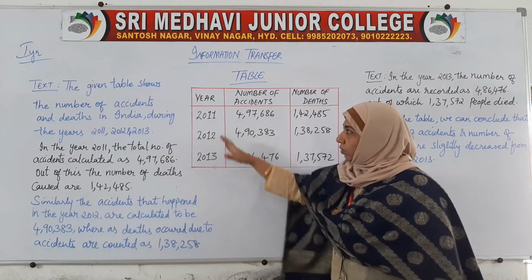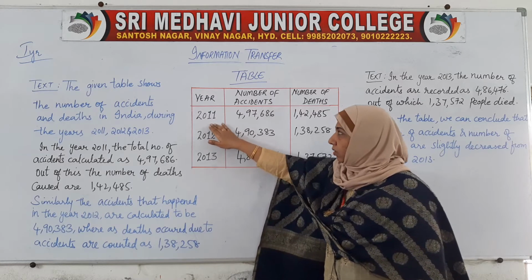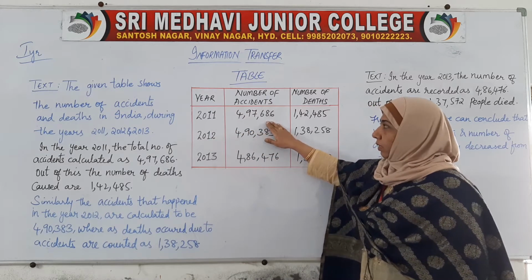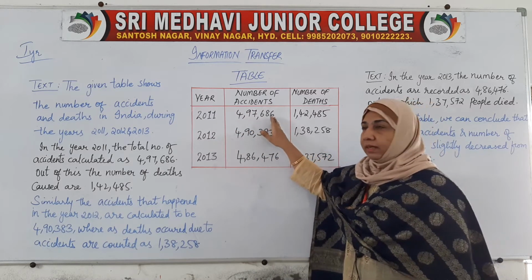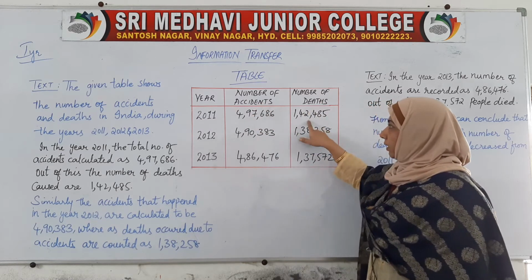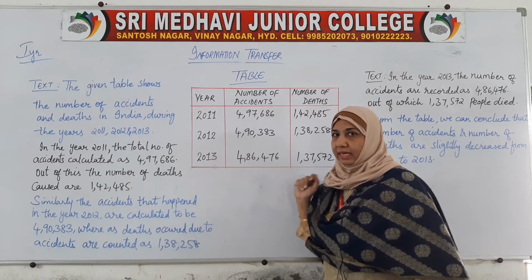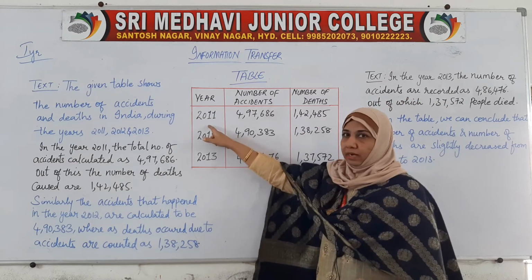In the rows you can see which year is written: 2011, 4,97,606 accidents happened, and 1,42,485 deaths occurred in the year 2011.